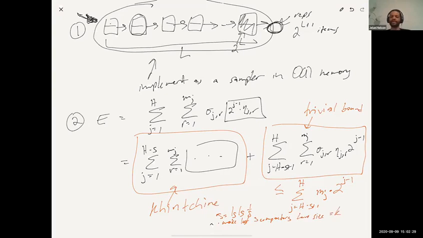Don't make them geometrically decreasing in size. Make them all have the same size. Then you can show that, in fact, you can get away with k being even smaller. And that will give you a bound, if you do this correctly, of 1 over epsilon times log 1 over delta squared.